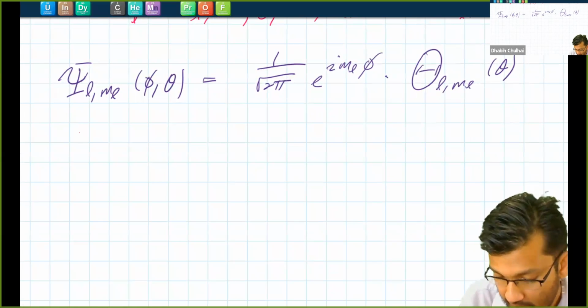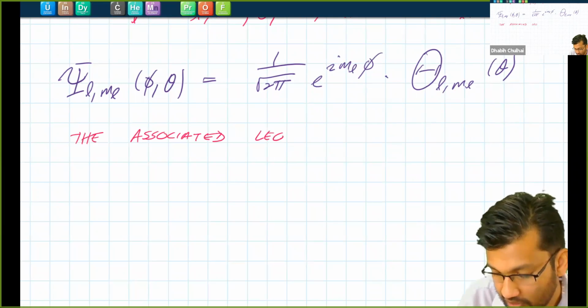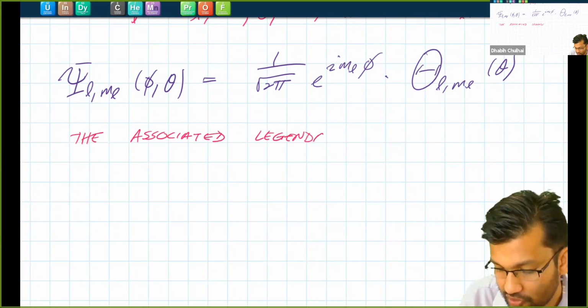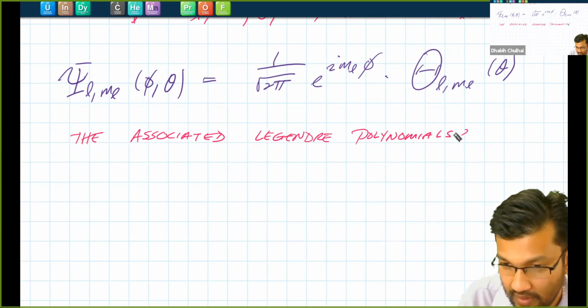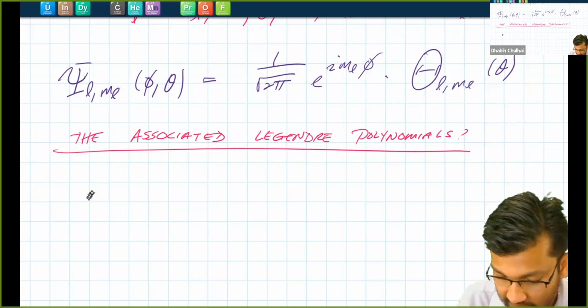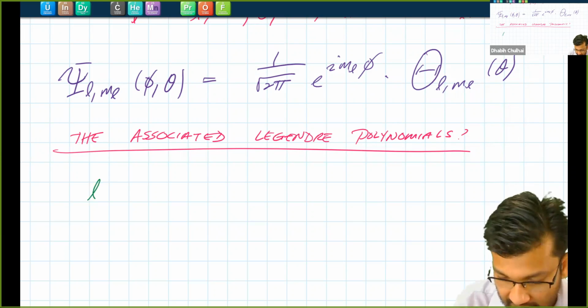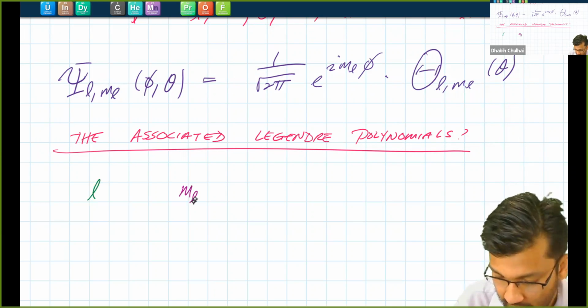So what are the associated Legendre polynomials? I'm just going to write some of them. Here we're going to have values of L. Here we're going to have values of ML.